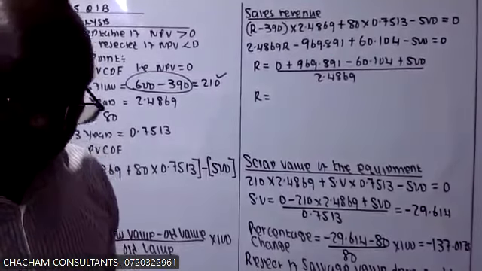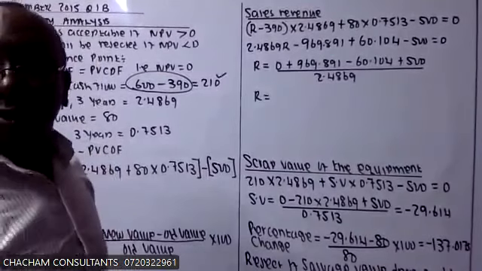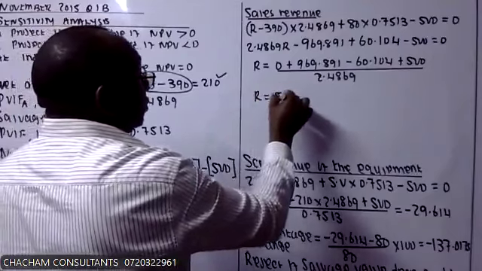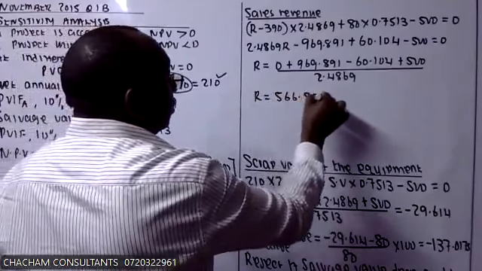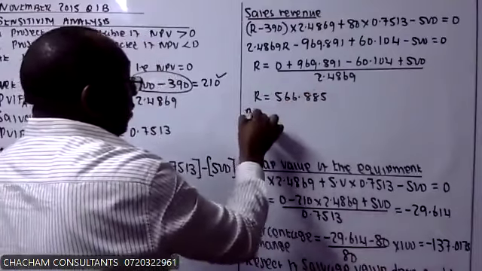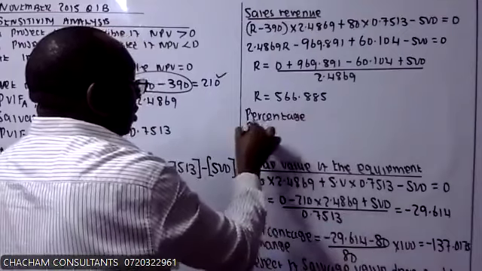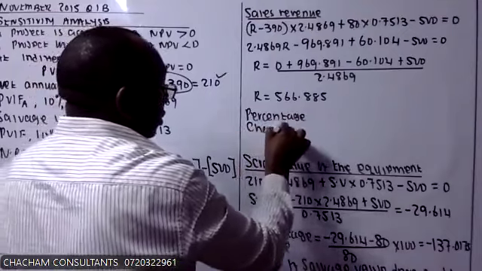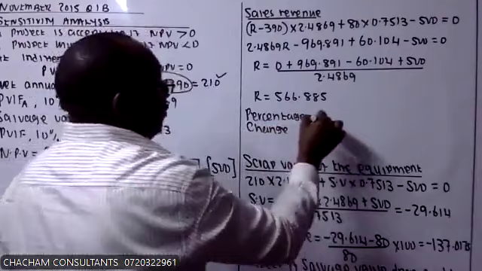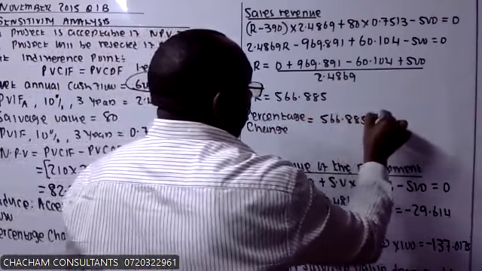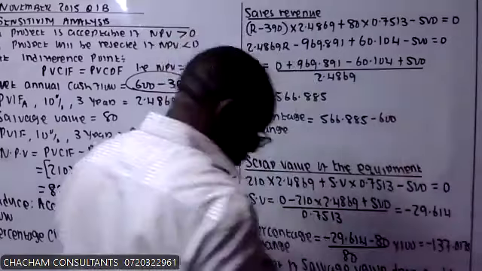Yeah, 566.885. And therefore, the percentage change is the new value, 566.885 minus the old value, 600.